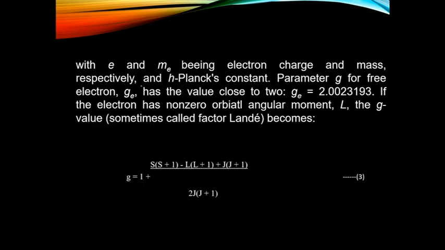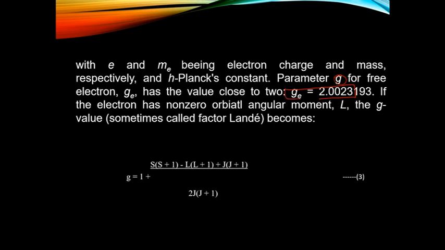You need to remember this, where e and m are the electron charge and mass, and h is Planck's constant. The parameter g is often obtained in EPR spectroscopy. For a free electron, the constant is 2.003.